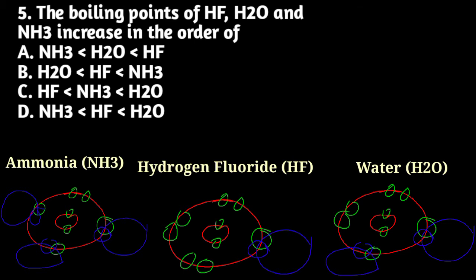That is the reason why the boiling point of water is higher than that of hydrogen fluoride, whereas the hydrogen fluoride boiling point is higher than that of ammonia. The correct and most accurate answer is D, where ammonia is less than hydrogen fluoride, and hydrogen fluoride is less than water in boiling point.